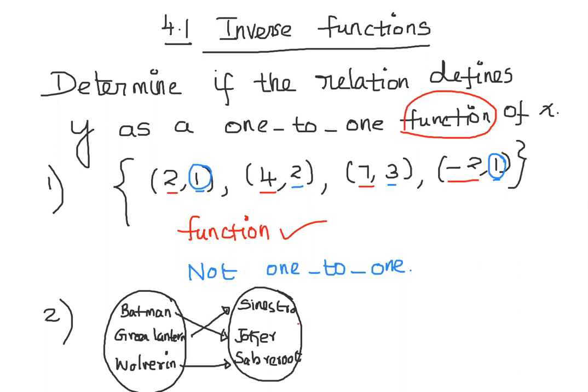First we are checking if it is a function. None of the x repeats, so it is a function. And see if any of the y repeats. It's not, so it's one-to-one. Okay, so it is a one-to-one function.